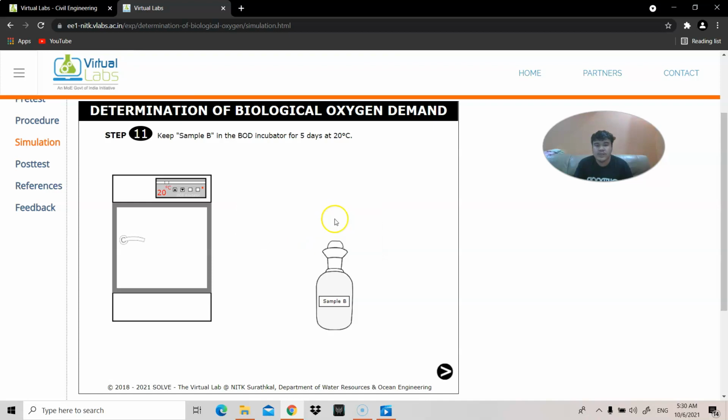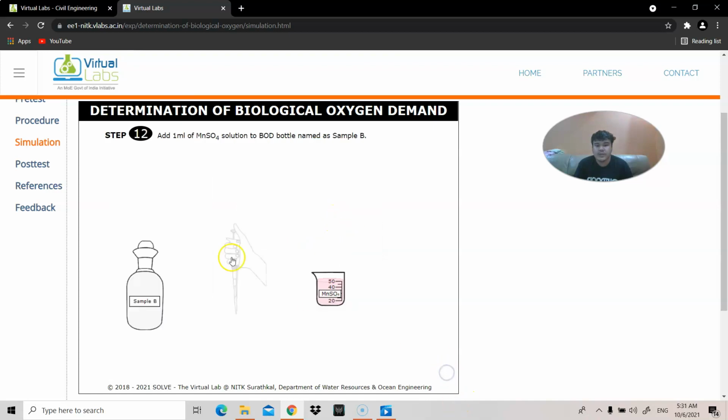To prevent oxygen production via photosynthesis. Step 12. Add 1 ml of MnSO4 solution to the BOD bottle named sample B.